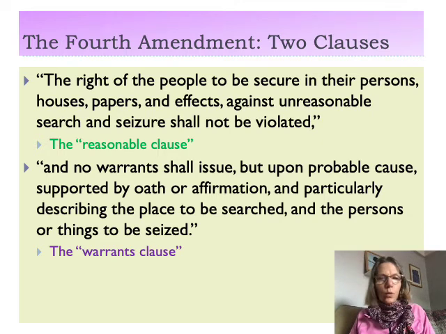And that's known as the Warrants Clause. Your textbook talks about how the colonists were subject to these sort of general warrants, that basically a government would get a warrant to search, but they could search for whatever they wanted, for whoever they wanted, any place they wanted. There were no limits on that search.